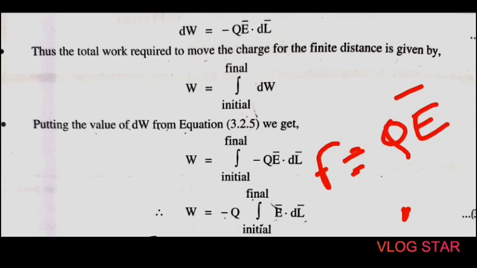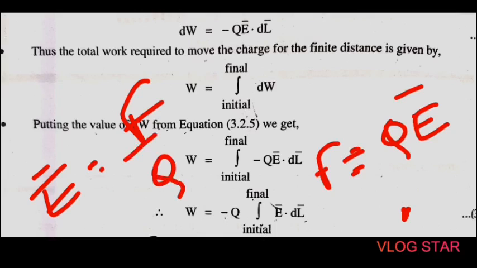If in an electric field E bar a charge Q experiences a force F bar, and we want to maintain this charge Q in equilibrium, then an equal but opposite force should be applied to this point charge Q. As we know, the force experienced by the charge Q is F equal to Q into E bar, or we can say electric field intensity is equal to force per unit charge.